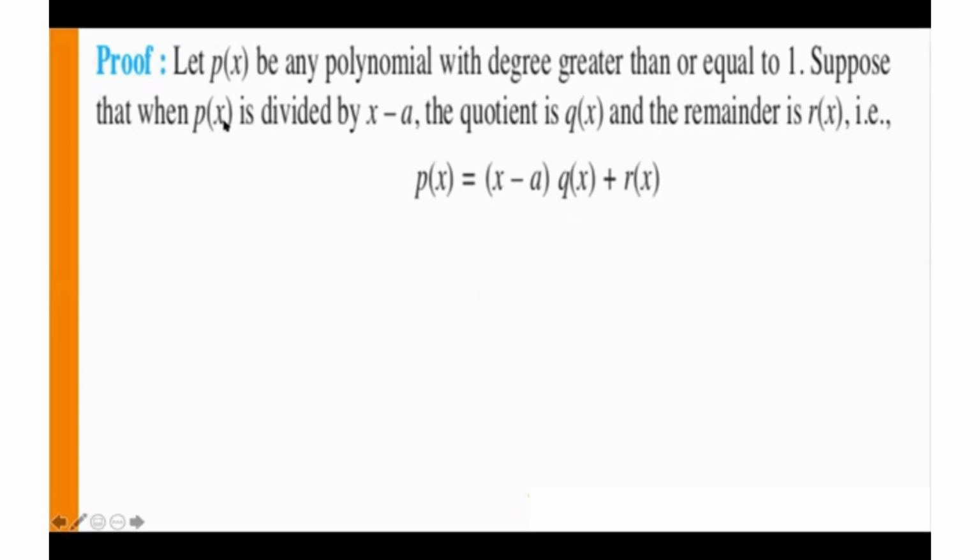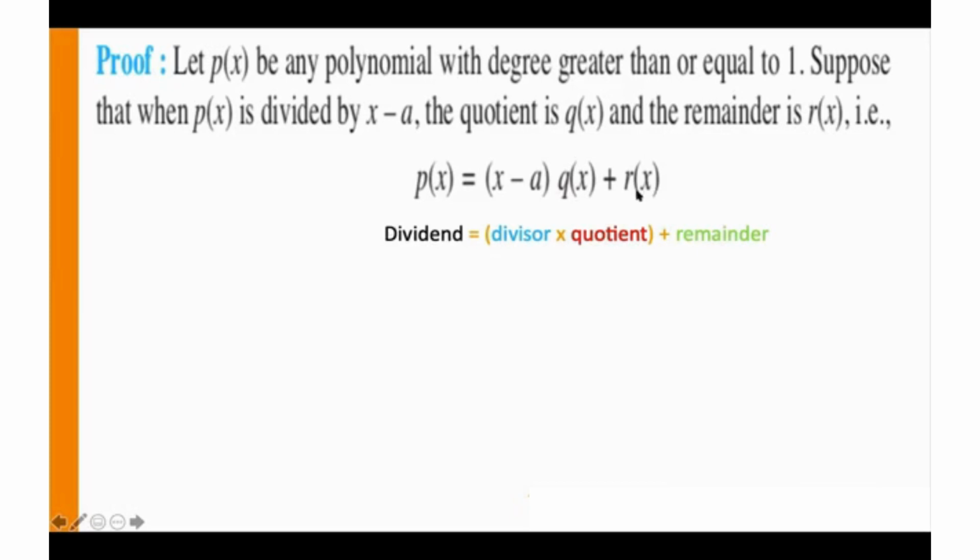And suppose that when p of x is divided by x minus a, which is the divisor, the quotient is q of x and the remainder is r of x. Then according to the division algorithm, the dividend is equal to divisor into quotient plus the remainder. So this is our divisor, which is a linear polynomial, into the quotient plus the remainder.